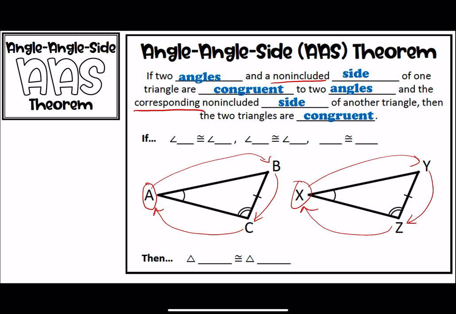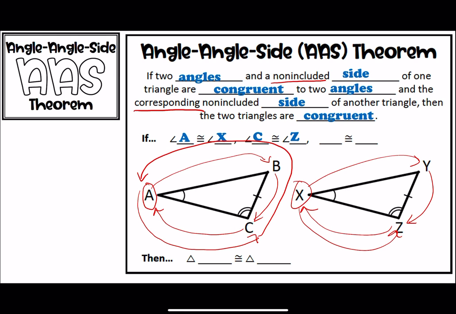All right, so as we start, I see angle 1, or angle A, is congruent to angle X. As we keep going, it doesn't work when we're going clockwise in this situation. But when we go counterclockwise, we do get angle C is congruent to angle Z. And that's okay. If you need to do that, that's fine. But that means we need to keep going counterclockwise now.